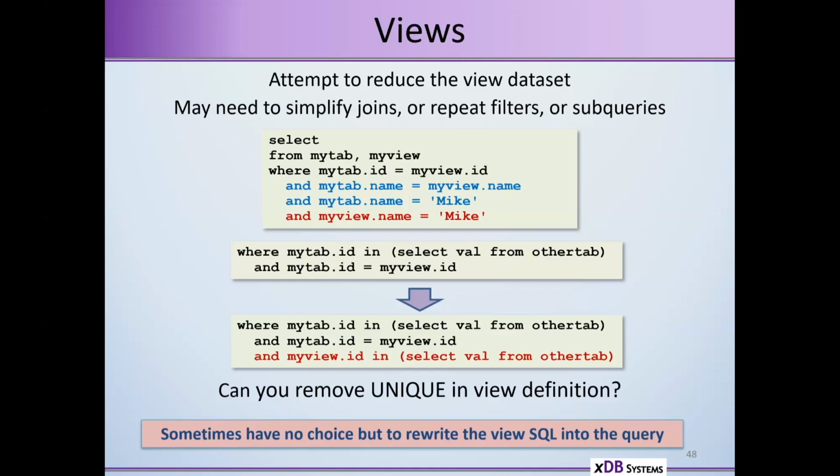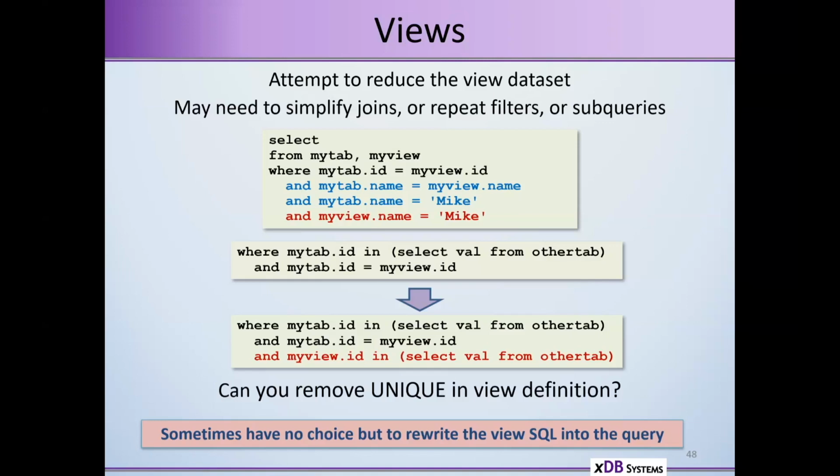Now, another reason you might see that create view there with all the rows being retrieved in the temp table is if you've got a unique or a group by or anything like that that requires that the results of that view be sorted. If you can remove the unique or distinct or whatever from the view, you may find that you get better performance.